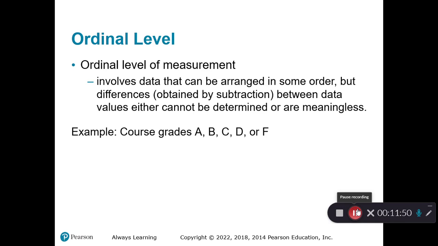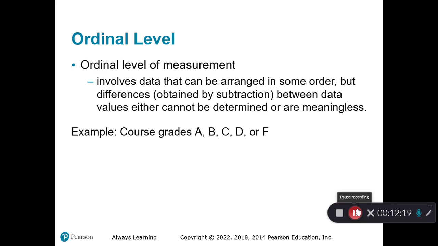The second of the four classifications is the ordinal level. Ordinal, of course, should be associated with the word order. So the ordinal level of measurement refers to values that have a meaningful order, but that do not necessarily have a meaningful gap between one value and the next.